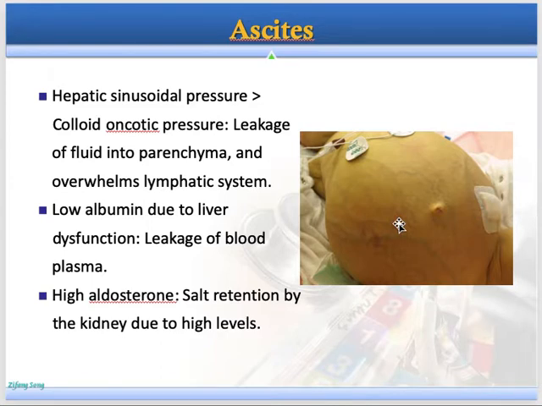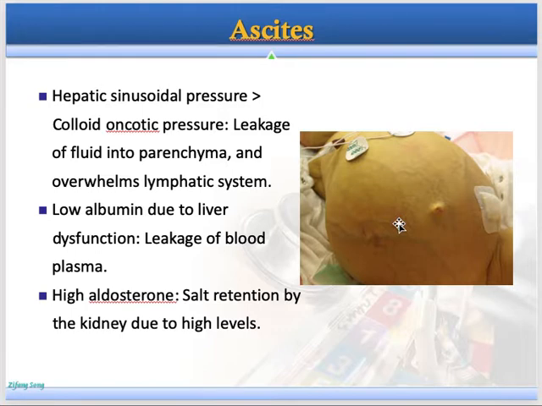And because the liver is not functioning fine, the liver cannot form albumin or proteins, and that leads to reduced oncotic pressure inside the circulation. Proteins are very important to hold the blood inside the vascular system. But once there are less proteins in the blood, the oncotic pressure is reduced, so of course the fluid will leak out.